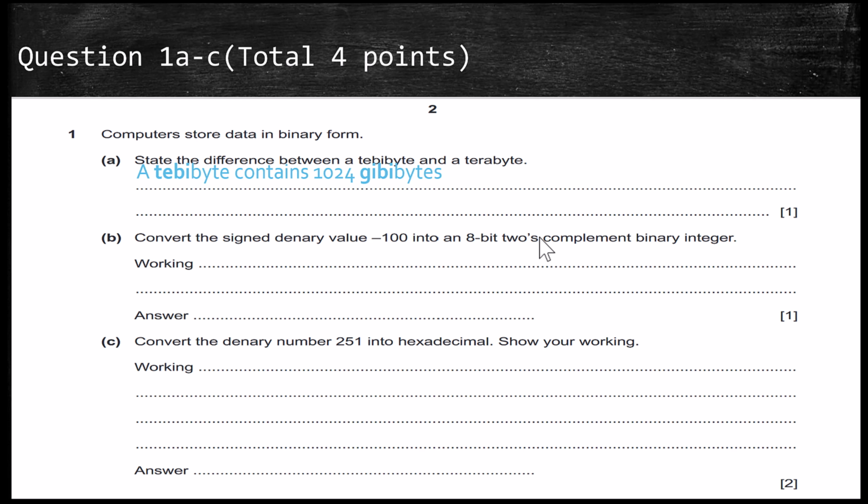In this curriculum, if they're going to use the prefix tebi or gibi, you're going to use that same prefix, and that is 1024. We know one tebibyte is 1024 gibibytes because tebi is larger than gibi. Now, a terabyte, on the other hand, is probably a term you're more familiar with, and that has 1000 gigabytes. So make sure you're paying close attention to those prefixes.